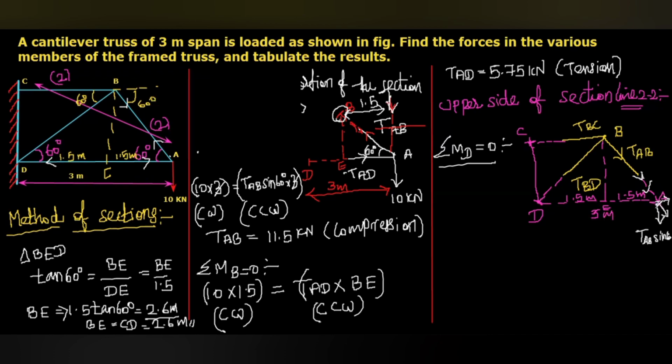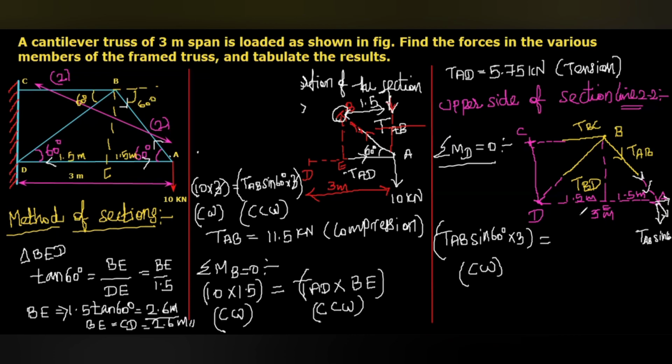With respect to D, we know that it will be in clockwise direction. So TAB sine 60 degree multiplied with 3 meters from the point D is in clockwise direction.